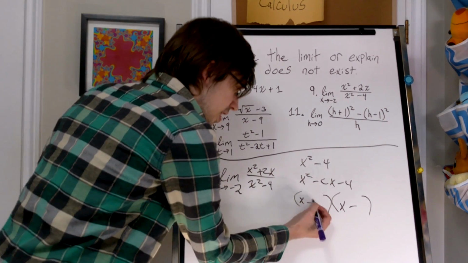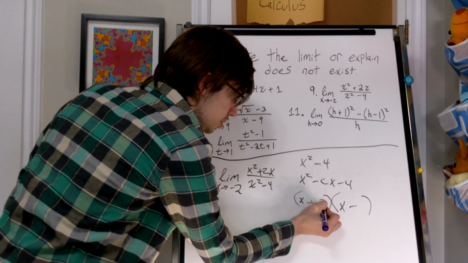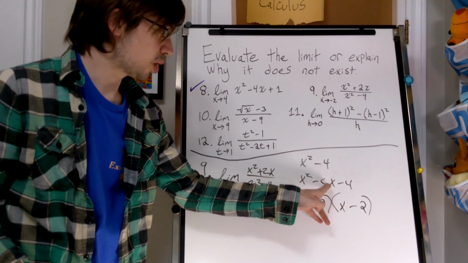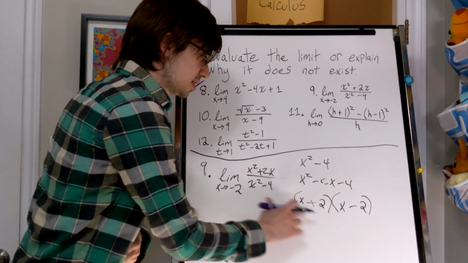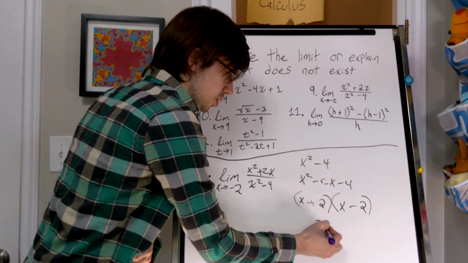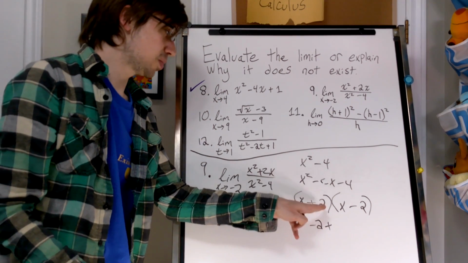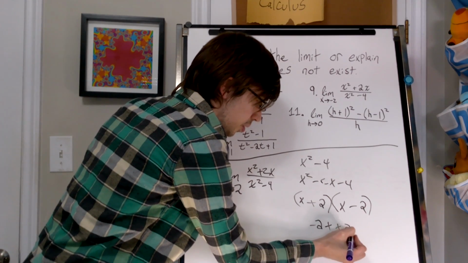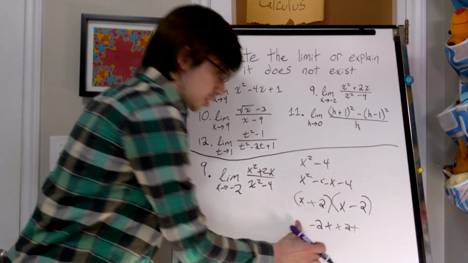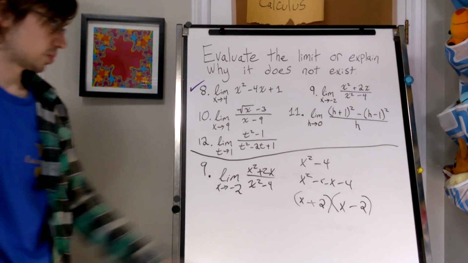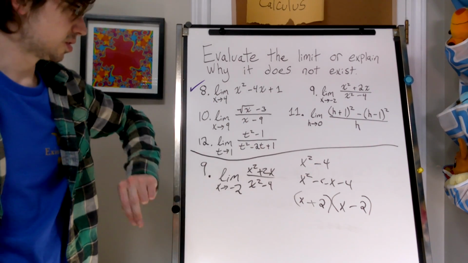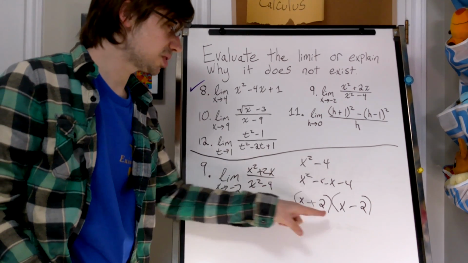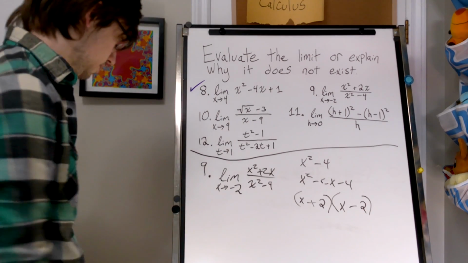To get minus 4, we'd have to have a positive 2 and a negative 2. And then it makes sense why this term disappears. X times negative 2, negative 2x. The middle term, positive 2 times positive x, so plus positive 2x. These two terms cancel. So x squared minus 4 is x plus 2 times x minus 2.